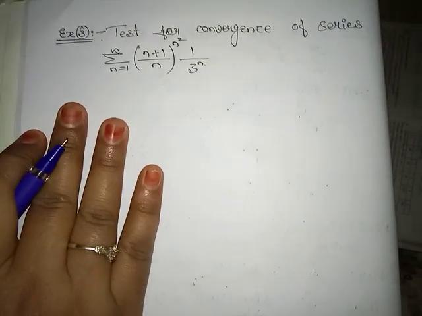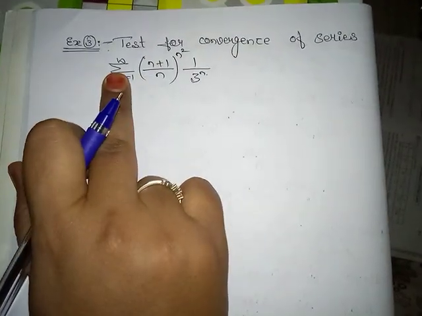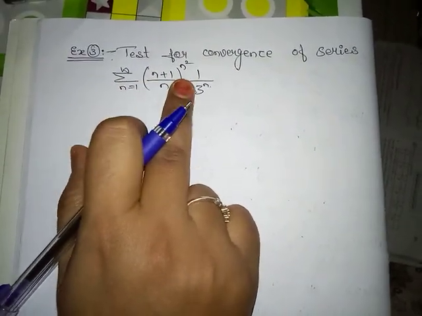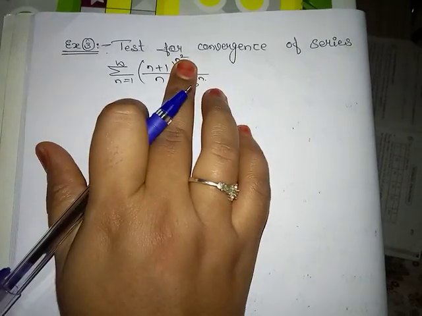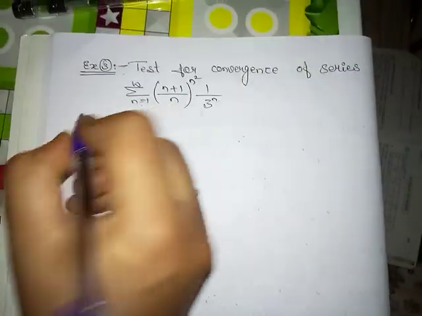Third example. Test for convergence of series summation n ranging from 1 to infinity, n plus 1 divided by n whole raised to n square into 1 divided by 3 raised to n. Solution.